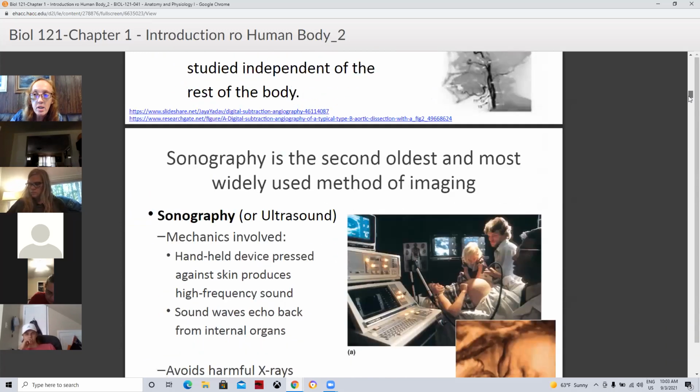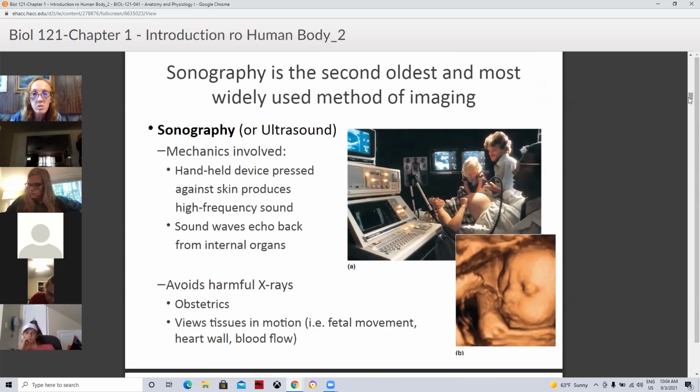Another technique that is often used is sonography, or an ultrasound. It's the second oldest and most widely used method of imaging. Mechanics involve a handheld device that is pressed against the skin that produces high frequency sound waves.